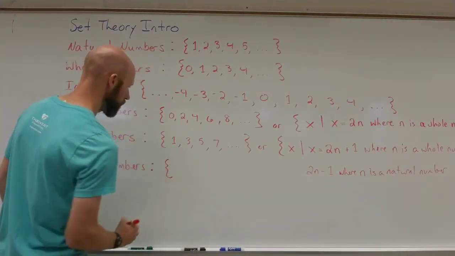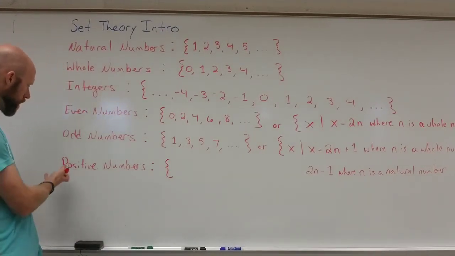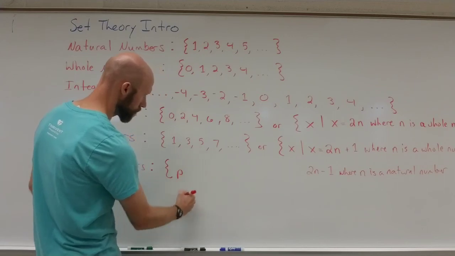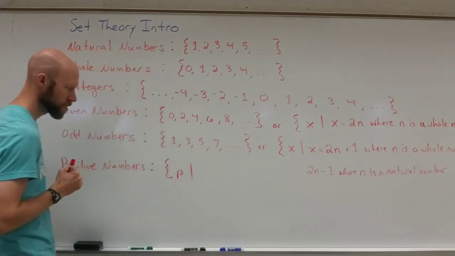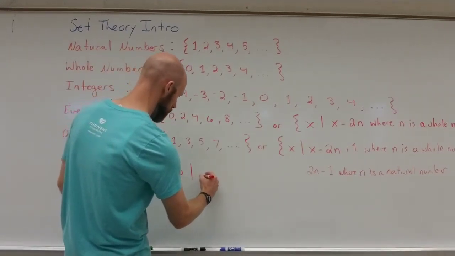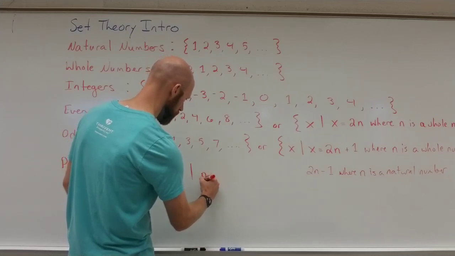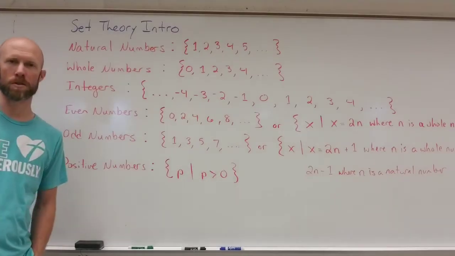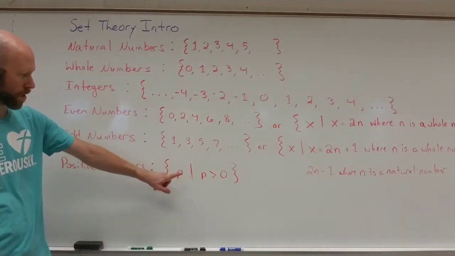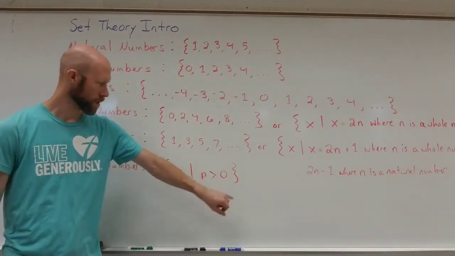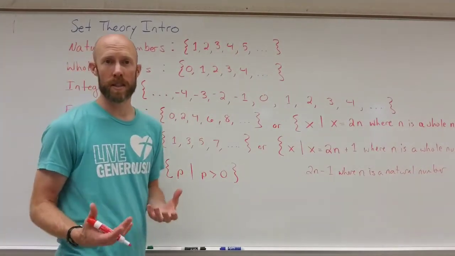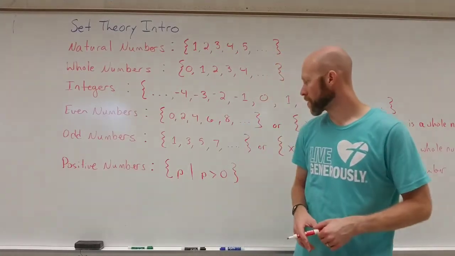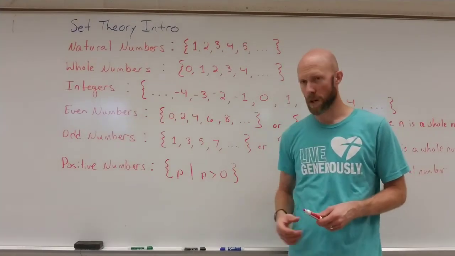To do this with set builder notation, positive numbers. I'll use the letter P for positive. So they're going to be the set of all P's such that P is greater than 0. Well, that's actually pretty simple. It's all numbers P such that that number is greater than 0. In fact, the definition of a positive number is every number greater than 0. All right, so as long as it's greater than 0, you've got a positive number.